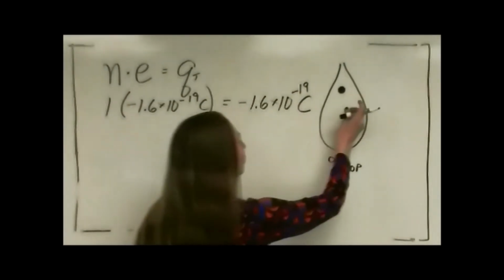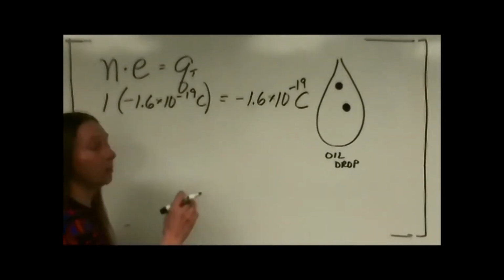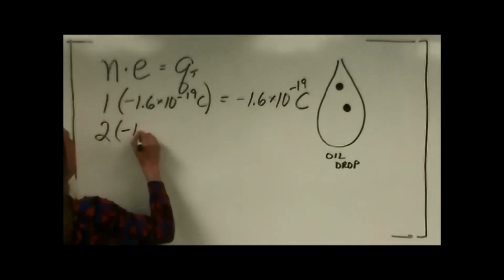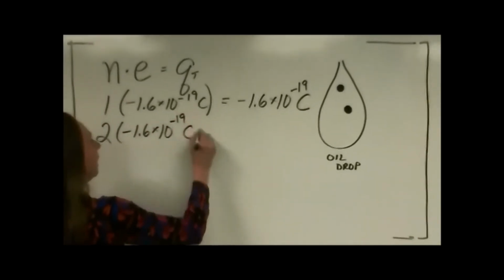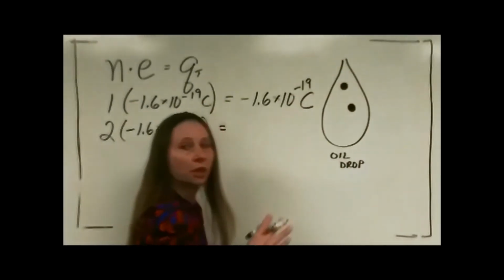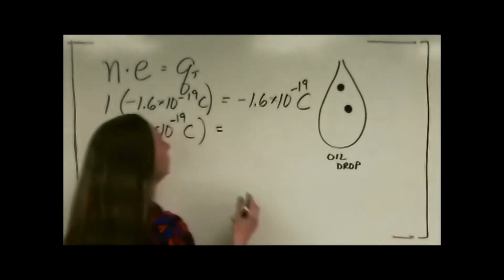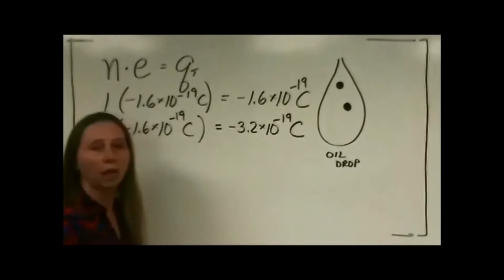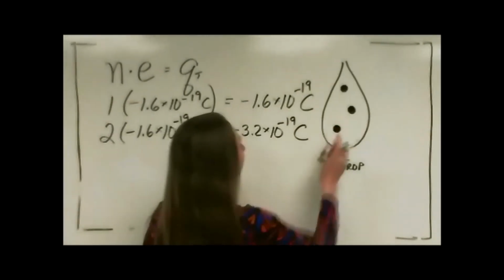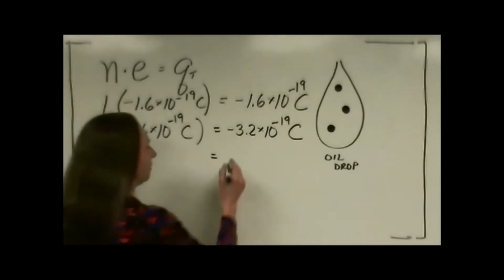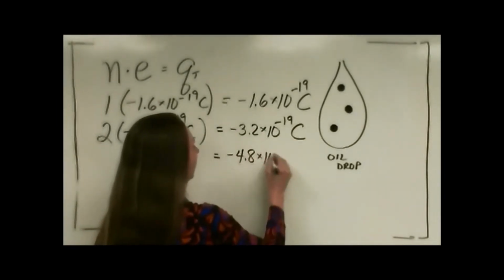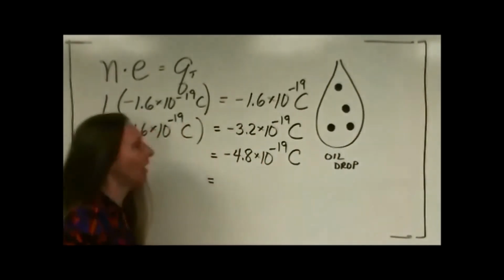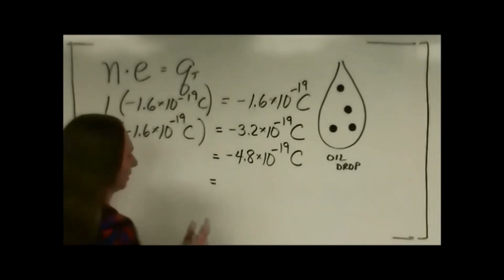What if there were 2 electrons on the oil drop? Then it would be 2 times negative 1.6 times 10 to the negative 19 coulombs. So the charge on the oil drop because of the extra electrons would be negative 3.2 times 10 to the negative 19 coulombs. What if there were 3? Negative 4.8 times 10 to the negative 19 coulombs. What if there were 4 extra electrons?